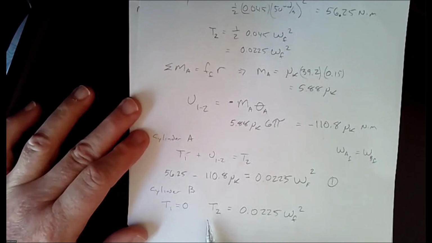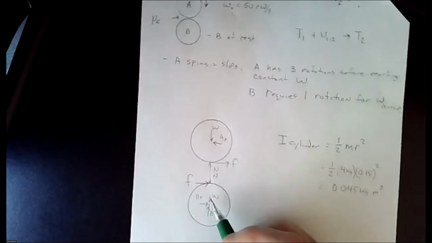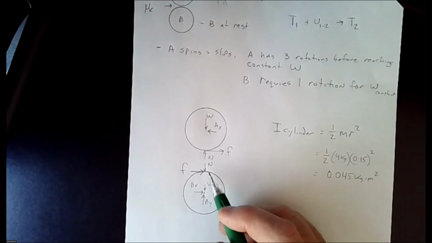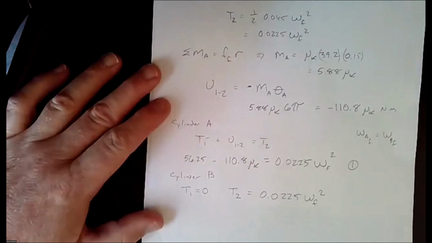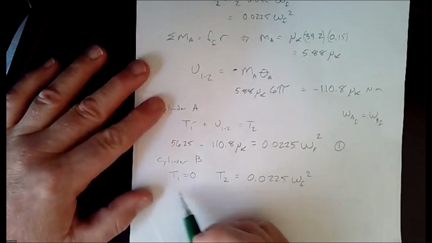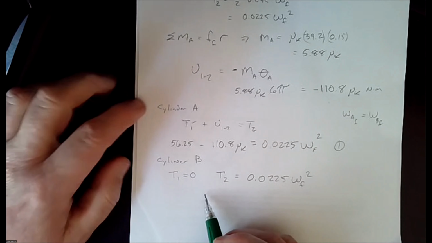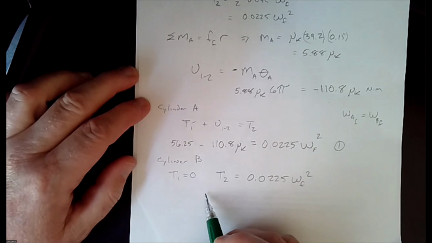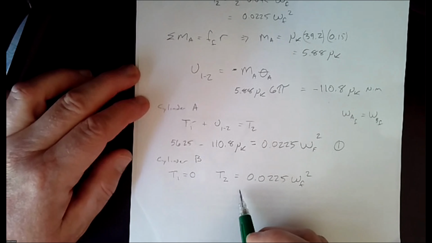Well, we can write it similarly because the friction force, if we look back at this diagram here, the friction force times R is going to be the same for this as it is for this. The only difference is this is going to be positive because this is going to start at 0. You're going to have a moment created by the friction force times the radius, and that's going to be applied over 1 full rotation, and then you're going to get to your T2.